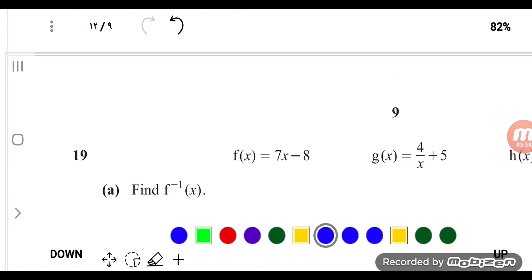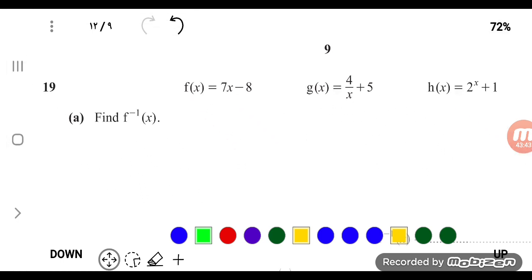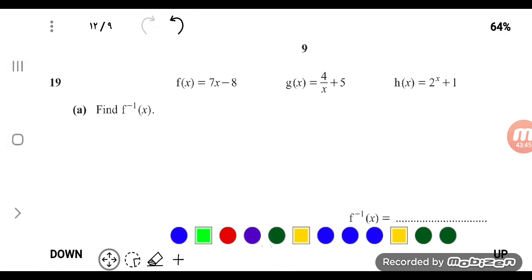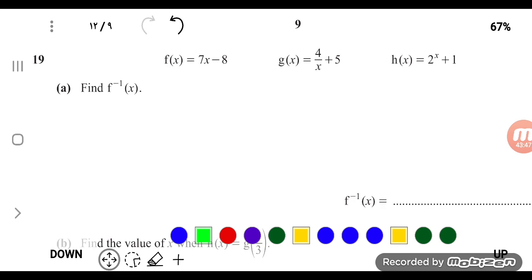Next question, number 19. This question is about functions. So here you are given 3 functions: f(x), g(x), h(x). Find the inverse function. So let's start. To find the inverse of f, we plug y here. So y equals 7x minus 8. Next step, you make x subject.